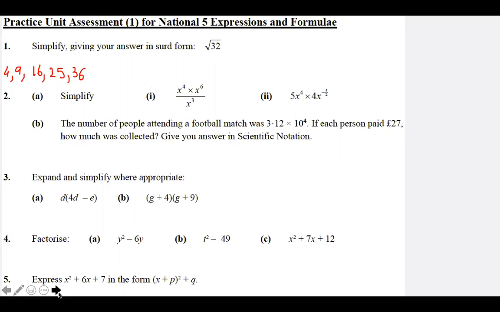And this is what you would do. You would say, okay, 32 is 4 times 8, or 16 times 2. So you can just keep going. Let's say you would go 32 divided by 2 is 16.